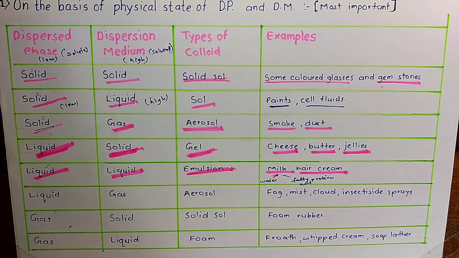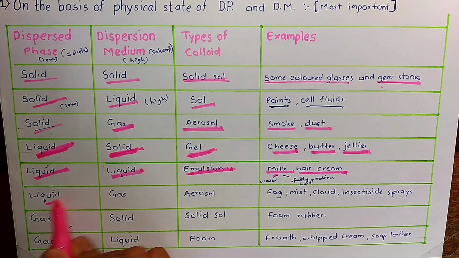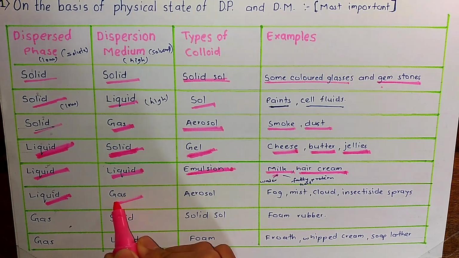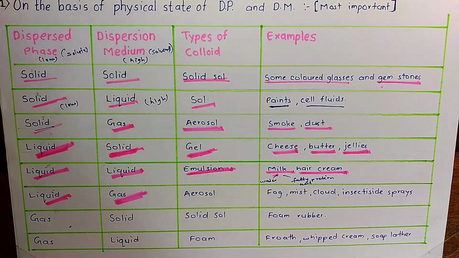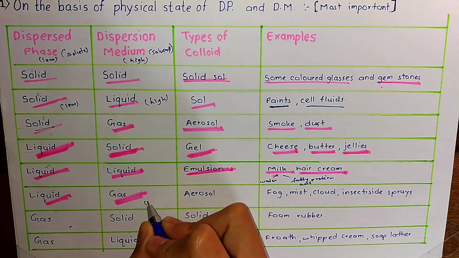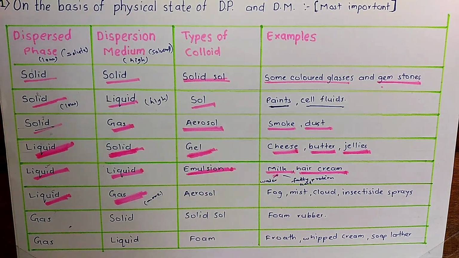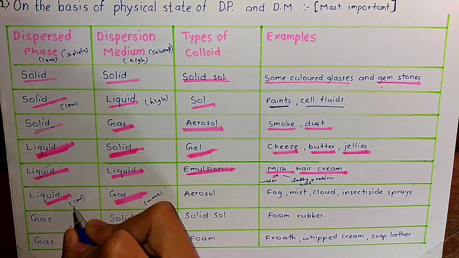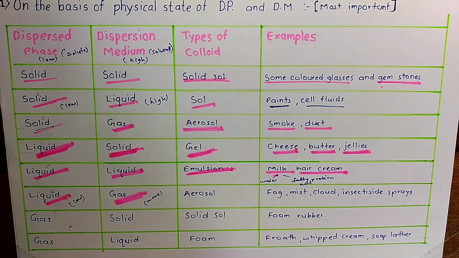The sixth type of colloid is where we have the dispersed phase as a liquid and the dispersion medium as a gas. In this case, gas is more as compared to liquid, which is in low quantity, and the physical properties will look like gas.